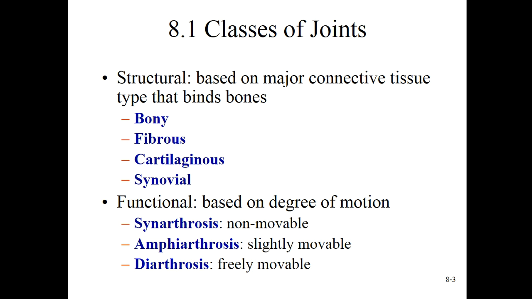So we can look here. Structurally, we divide the joints into 4 different classes based on what material we find between the bones. Anytime we talk about a joint or articulation, we mean where one bone meets another. And when there's bone between one bone and the other, it's called a bony joint. An example of that would be right in your forehead.